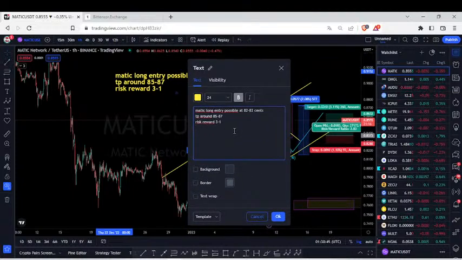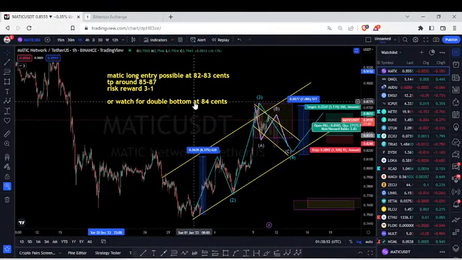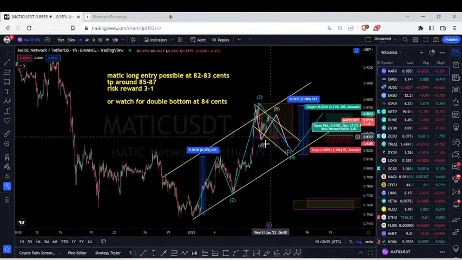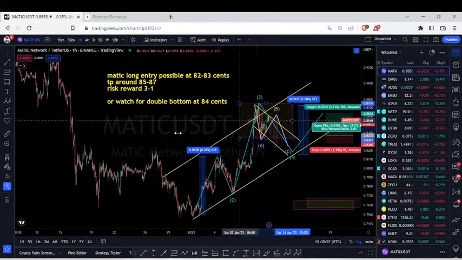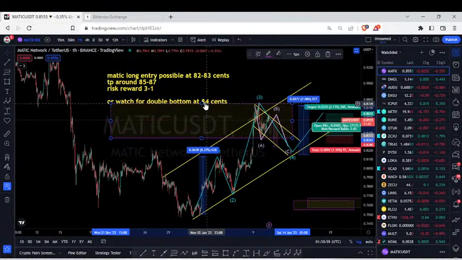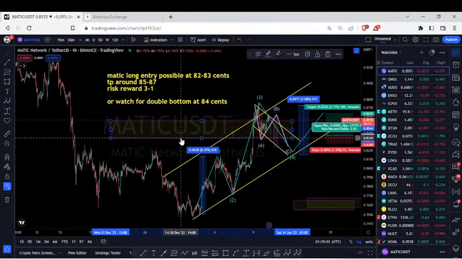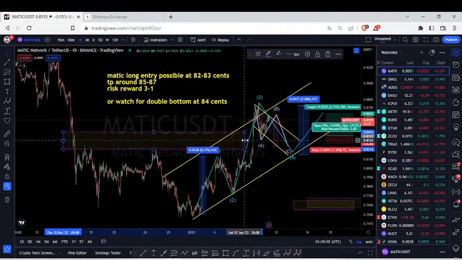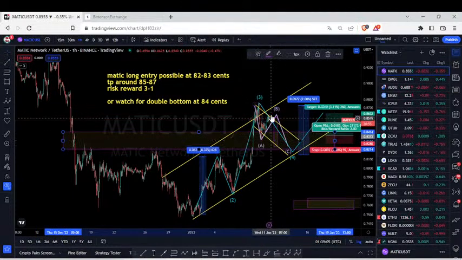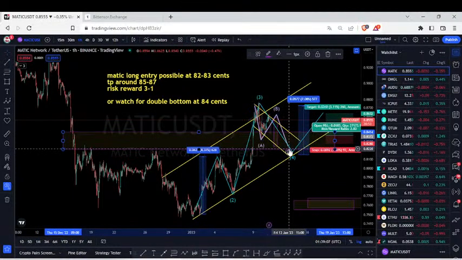The thing is, you also have to look at it in a slightly bigger perspective. It broke the range, which means it's always going to come back and retest the range. So yeah, I do think 82 cents is possible. Not exactly 82, but it is possible.